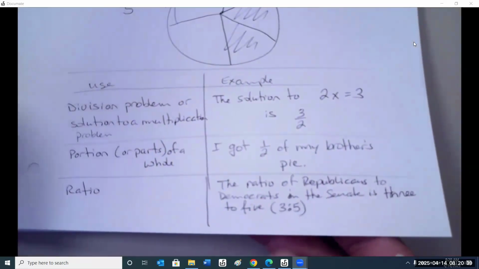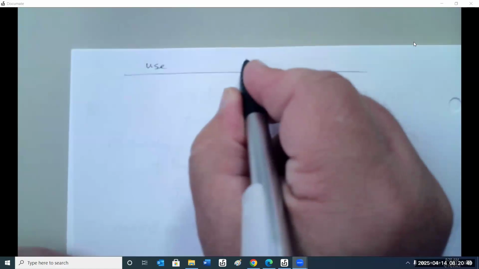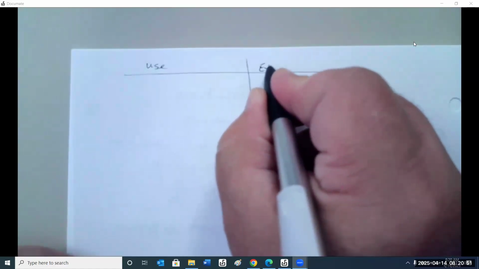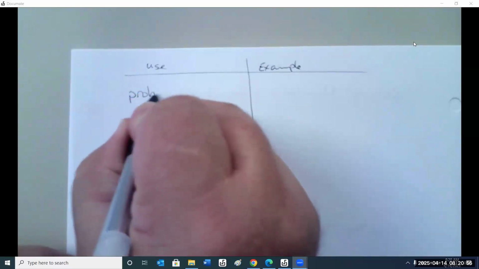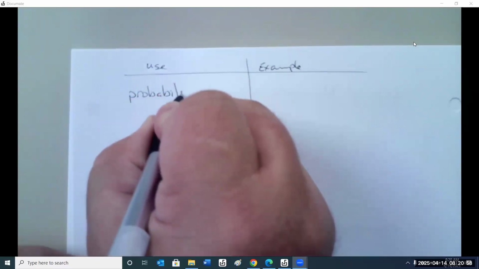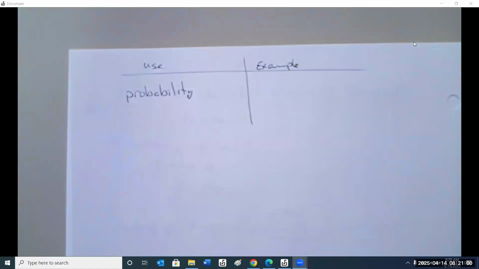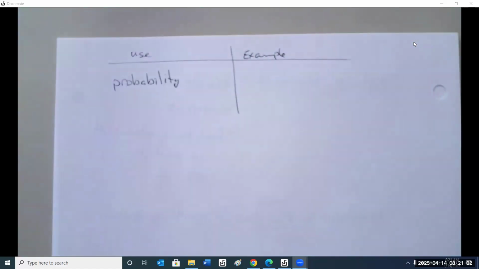And the last one is the probability. If you ever take a probability course, or actually you hear it all the time, the probability of something to happen is what? How do you define something to happen?